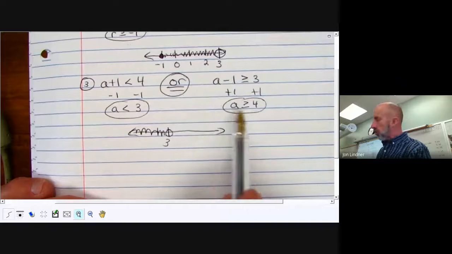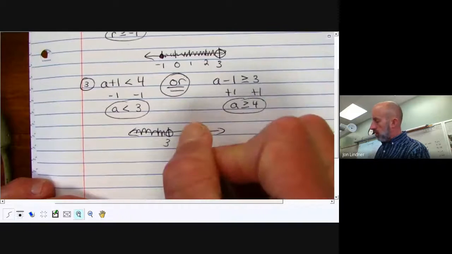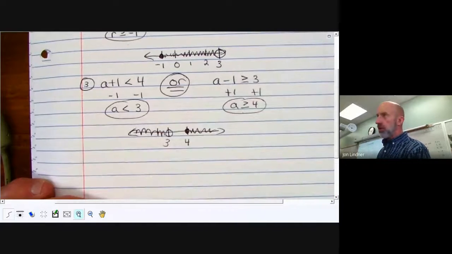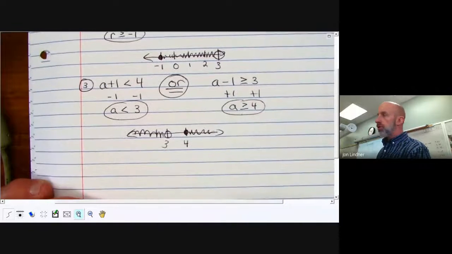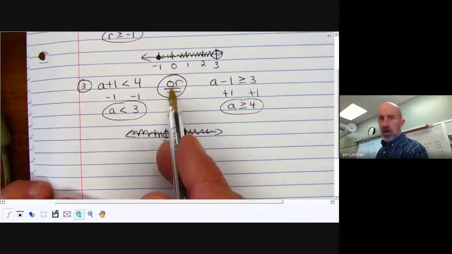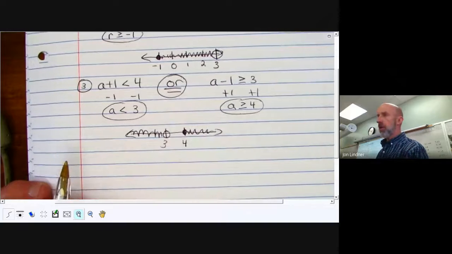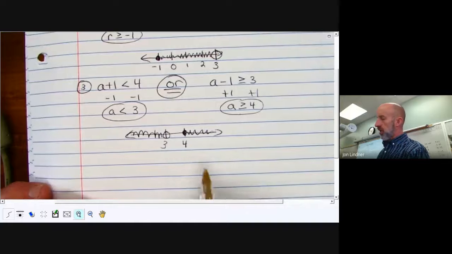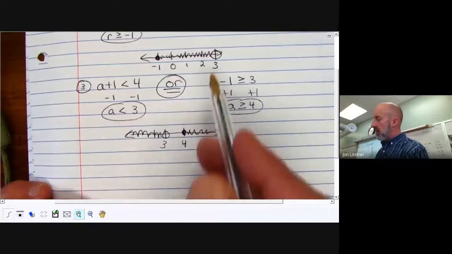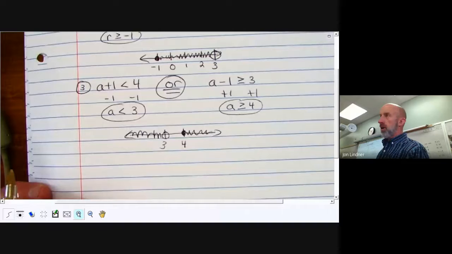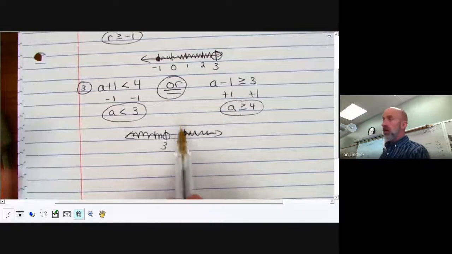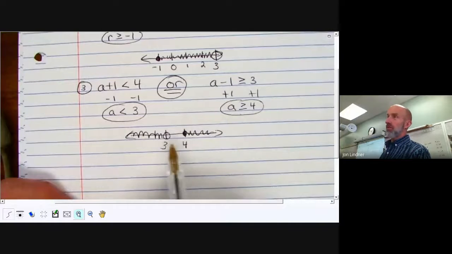The numbers greater than or equal to 4 are this way. There's no way both can be true at the same time. So this graph is okay because I have the word or. If it would have said the word and, it turned out this way, you'd really have no solution.